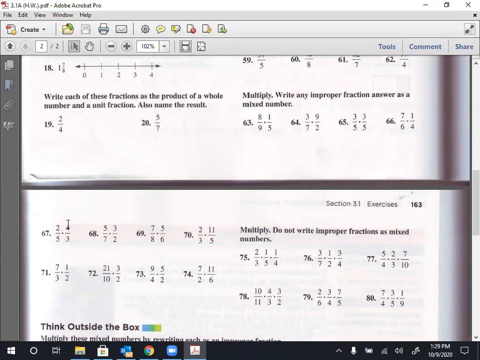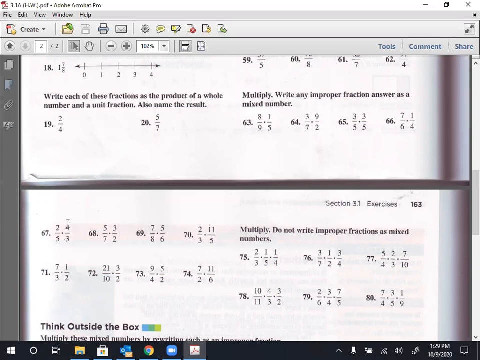If the top were bigger than the bottom, we would continue. Look at number 71, for example. 71 says 7/3 times 1/2.